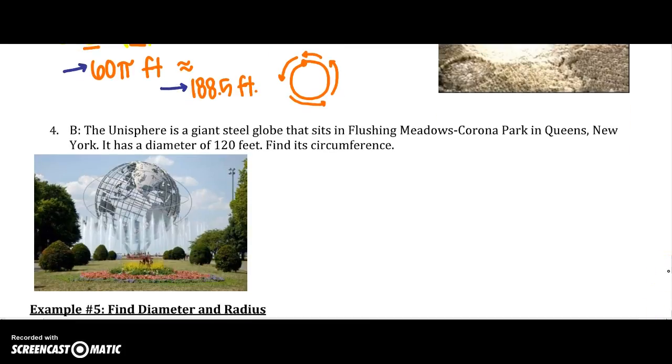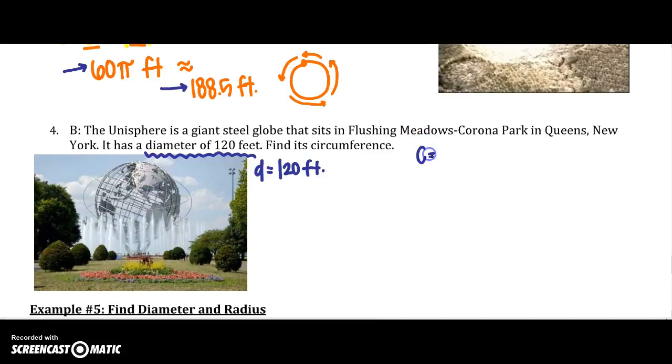So the Unisphere is a giant steel globe that fits in our park in Queens, New York. You might have also seen it in like Disneyland or something like that. It has a diameter of 120 feet. Find the circumference.